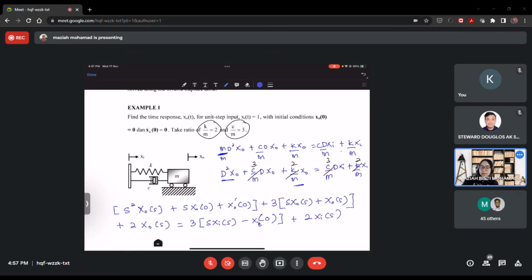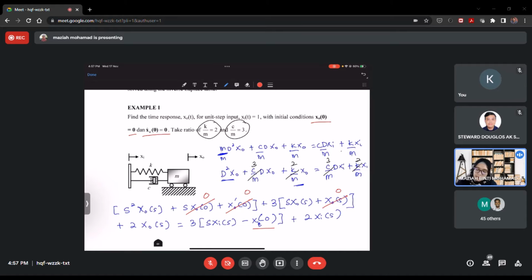Okay, so let's do the third step. We're going to apply the initial condition. It is given that x naught 0 is 0 and x dot 0, or x prime 0, is 0. So therefore this term will become 0, this term will become 0, this term will become 0. And there is another one here, xi 0.